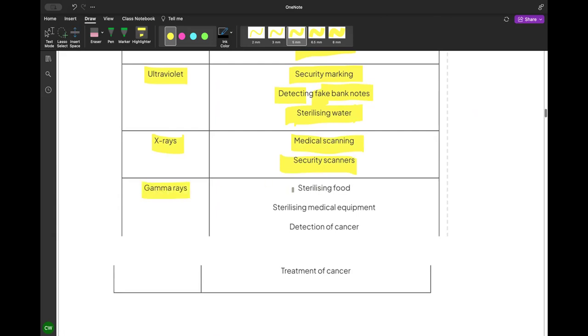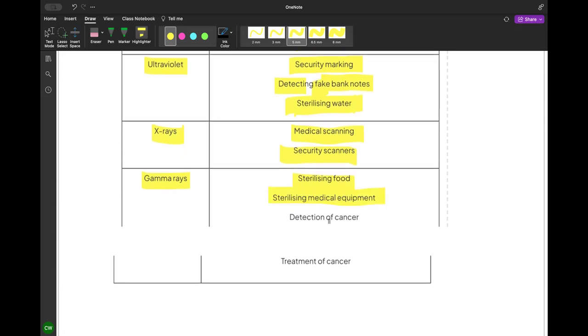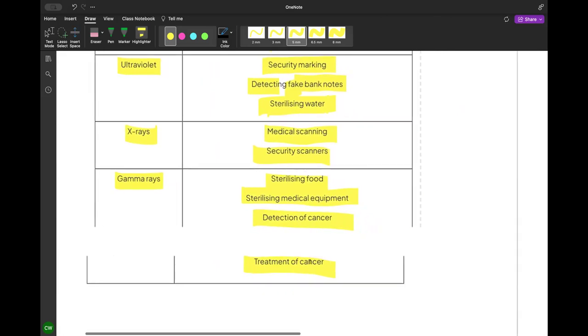Gamma ray is for sterilizing the food, kill the germs. Sterilizing medical equipment, detection of cancer, treatment of cancer. This is for the radiotherapy, 放射性治疗. Maybe in future, if you're interested in medical field, you have to learn how to operate the gamma ray.